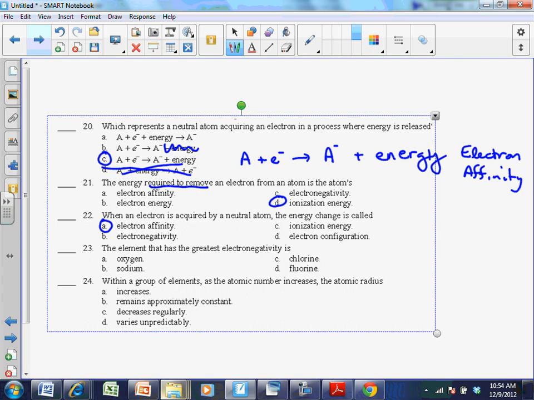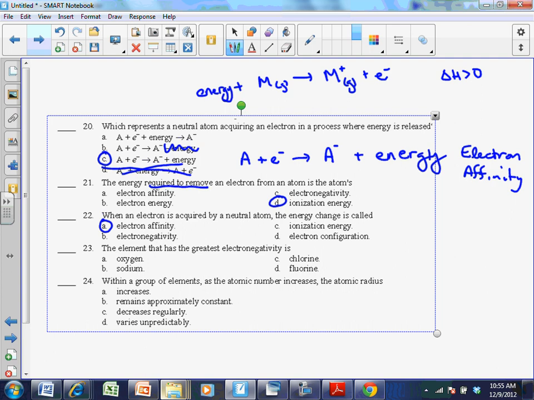Whereas 20, ionization energy is M gas becomes M plus gas, and an electron's given off. So we have to put energy in. So usually, if you're gonna write energy, you'd write it in here, or you would say that the change in energy for the whole process is greater than 0 because you have to put energy in. Positive energy means endothermic.